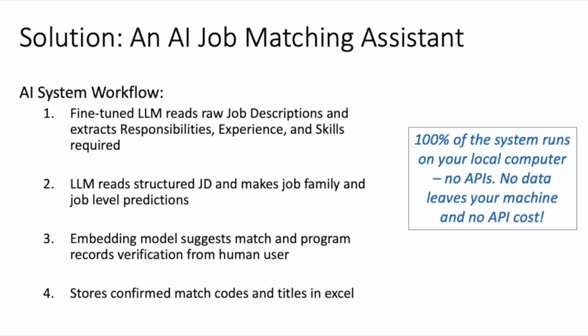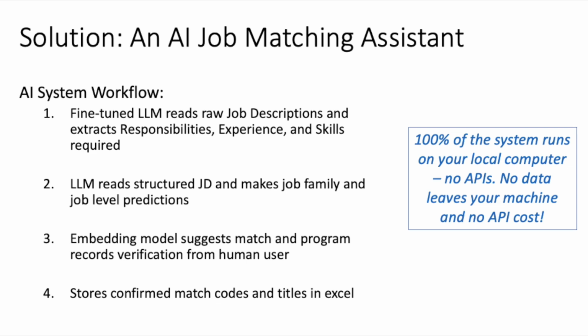Once we have these, we then take those predictions and use an embedding model to probabilistically rank the top suggestions of survey families and survey levels that would match the predictions in step two, and then ask the human for the first time to weigh in.